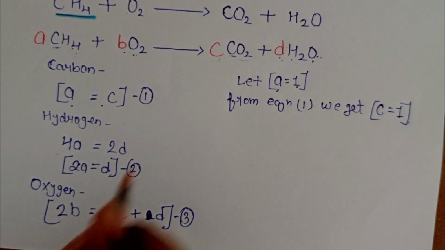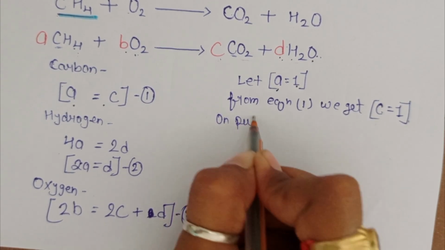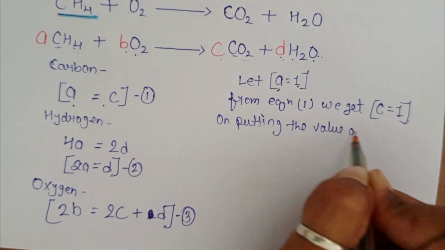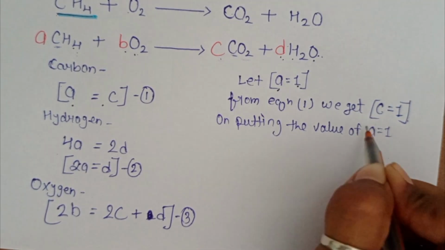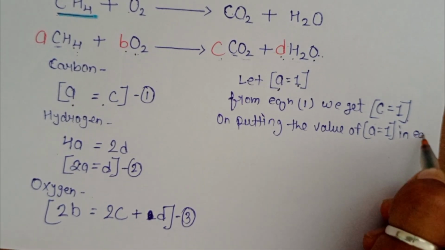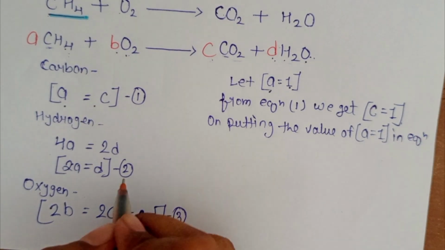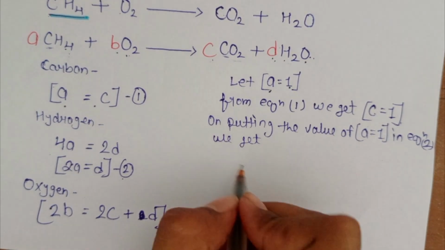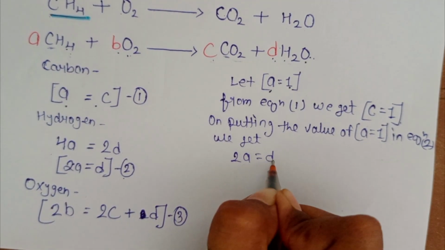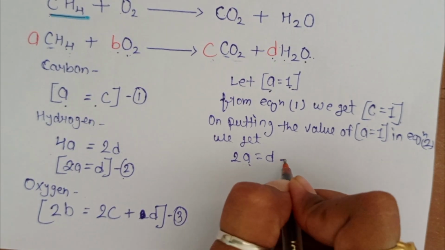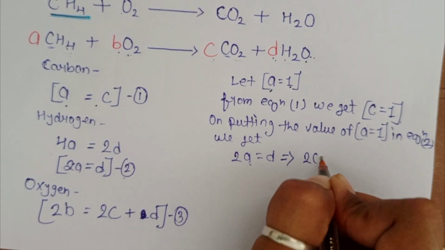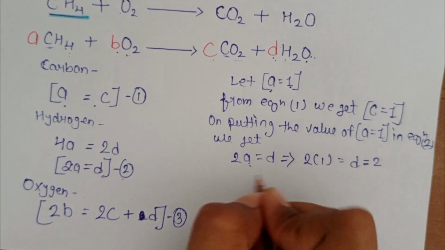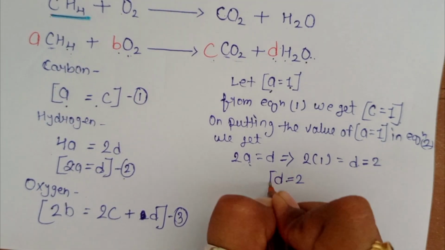Okay, on putting the value of A is equals to 1 in equation number 2, we get 2A is equals to D. On putting the value of A, we will get 2 multiply 1 is equals to D, which is equals to 2. It means we get D is equals to 2.